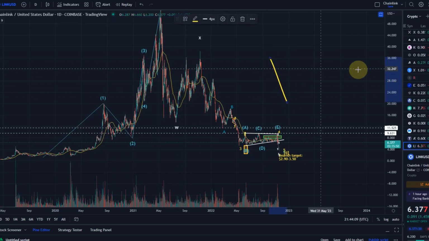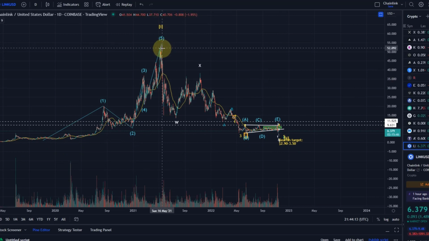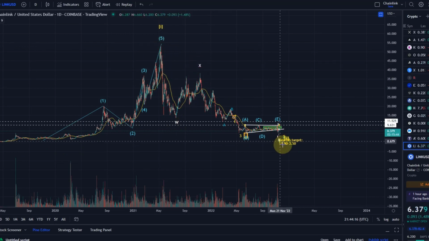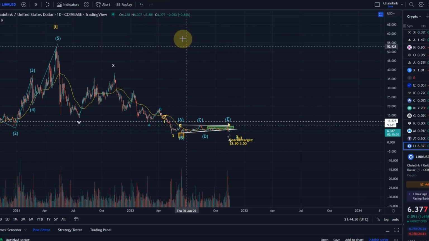So here you can see that, coming down from the wave 1 high to the downside, WXY, and especially important here, this long sideways range, which started in June and is basically continuing into today. So July, August, September, October, November. So 4 to 5 months we've got here.